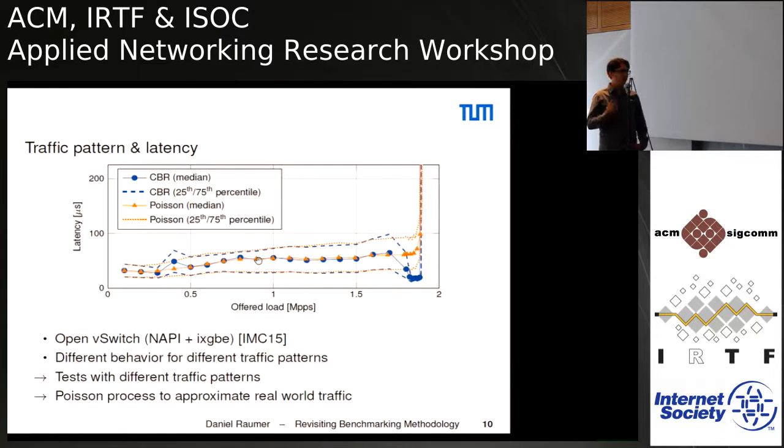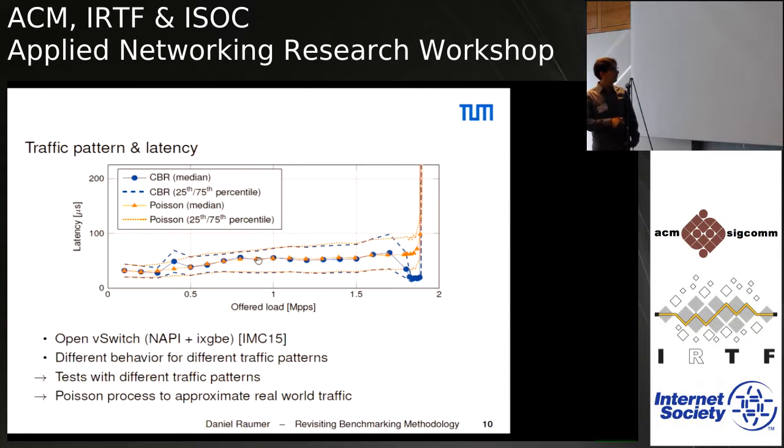So the third example is the same graph I showed, but with a different traffic pattern. So instead of CBR, which is considered to be the default traffic for benchmarking, that means constant bitrate traffic, we use Poisson traffic, which rather can be considered more realistic.